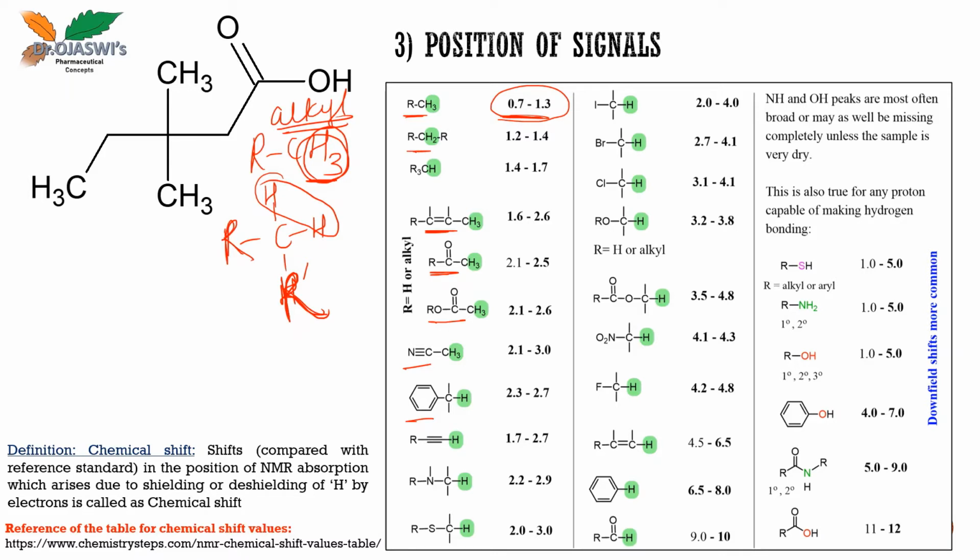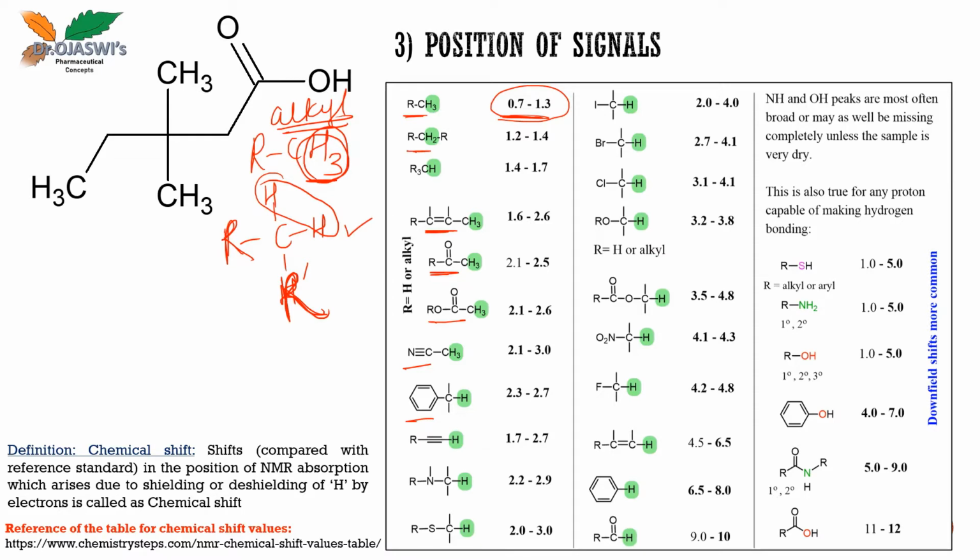So the bulkiness of the structure has increased, and thus these two hydrogens will be appearing downfield. So these are de-shielded, and such de-shielded hydrogens appear downfield. Downfield means at higher delta values.